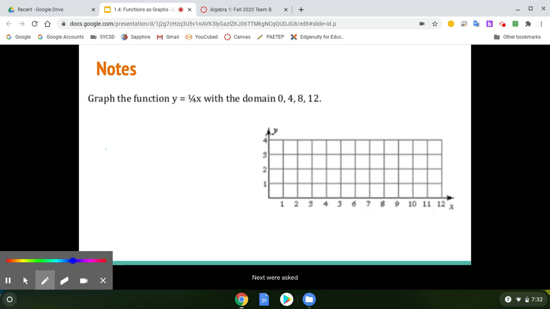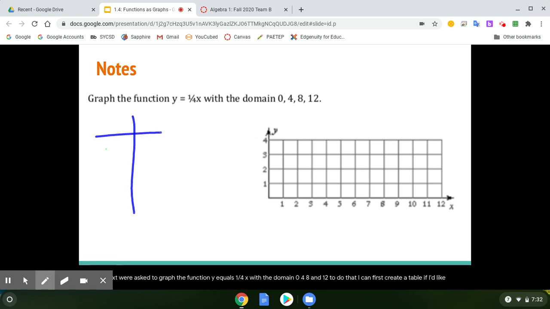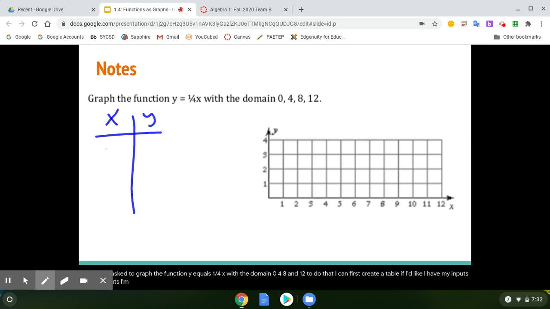Next, we're asked to graph the function y equals 1/4 x with the domain 0, 4, 8, and 12. To do that, I can first create a table if I'd like. I have my inputs and my outputs. I'm going to choose just a couple values. Oh, sorry.